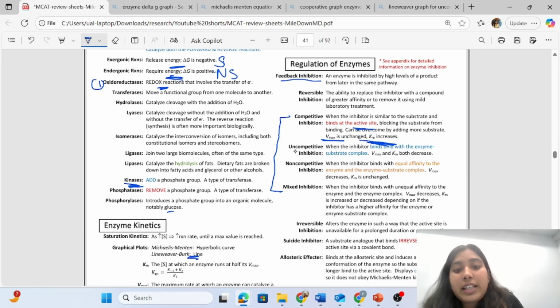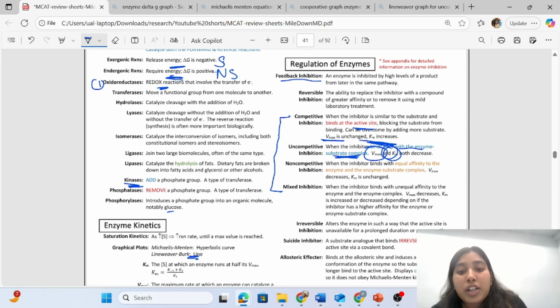In a while. Then we come to uncompetitive inhibitors. So competitive inhibitors were fighting with the substrate. Uncompetitive inhibitors will let the substrate bind to the enzyme successfully, and then it will fight the whole enzyme-substrate complex, and will reduce the Vmax and the Km both, because it's not fighting the substrate, so it will decrease the Km and Vmax.